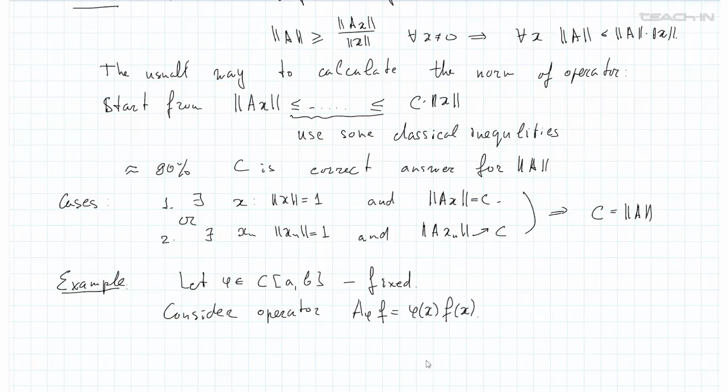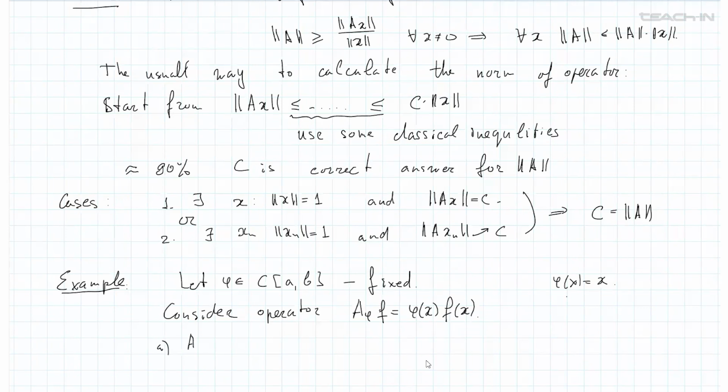So, for example, in quantum mechanics, the operator X f(x) equals x f(x) is the operator of multiplication by coordinate, the so-called coordinate operator in quantum mechanics. For this, find the norm.